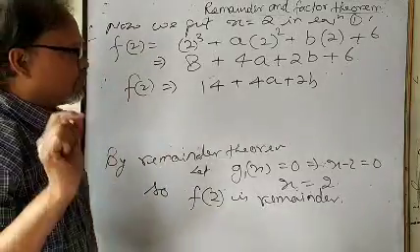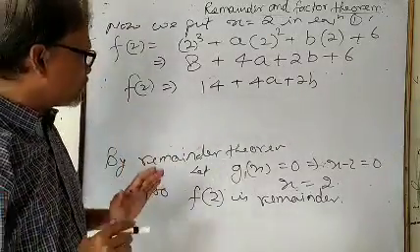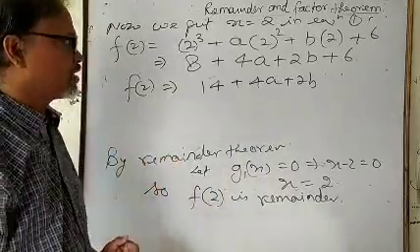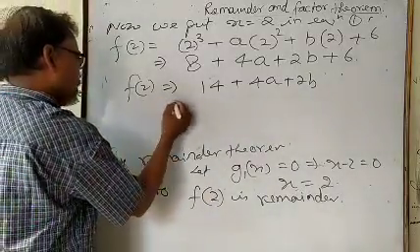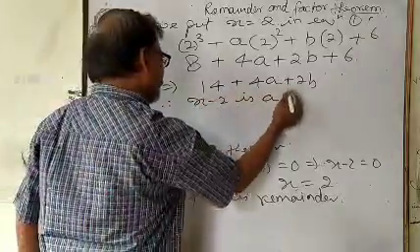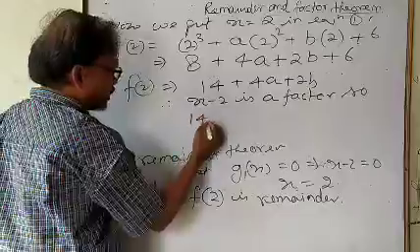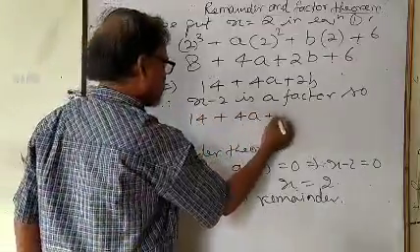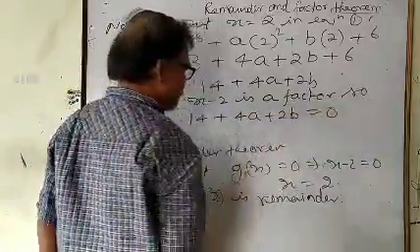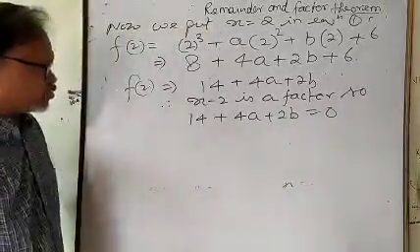In the question it is given that x minus 2 is a factor. It means the remainder will be 0. Therefore, because x minus 2 is a factor, 14 plus 4a plus 2b is equal to 0, and then divide by 2 also.